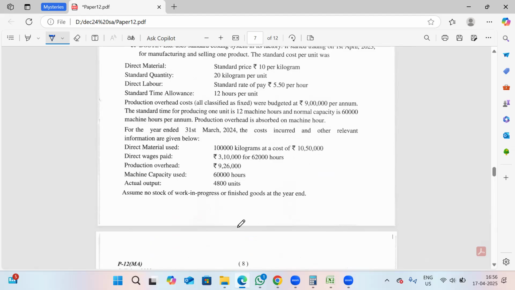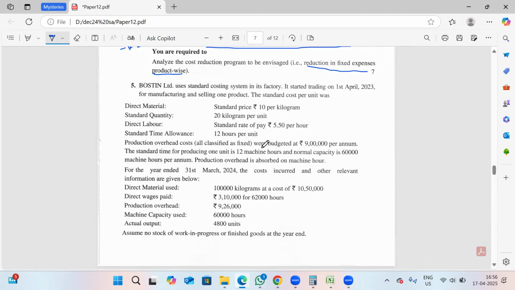So here, how we need to calculate standard cost. Direct material they have given 10 rupees per kilogram. How many kilograms do we require? 20 kilograms for producing one unit.